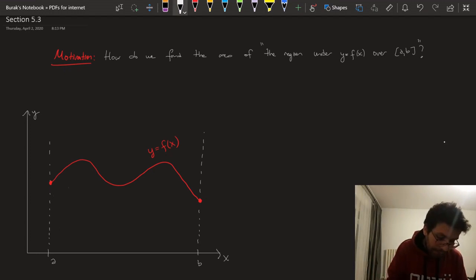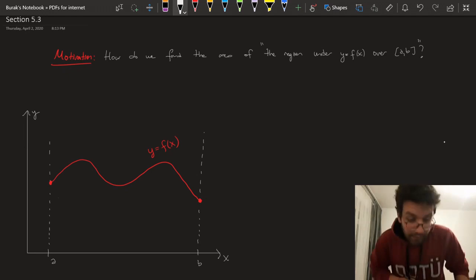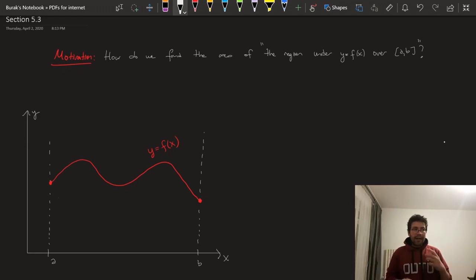Before, in the last video, we actually kind of learned what our approach should be. Remember, we derived the area formula for a disk. We proved that the area of a disk with radius r is pi r squared. And how did we do that? What we did was that we took a disk and we approximated the disk from within and from outside using regular polygons, which are made of triangles whose areas we can actually compute.